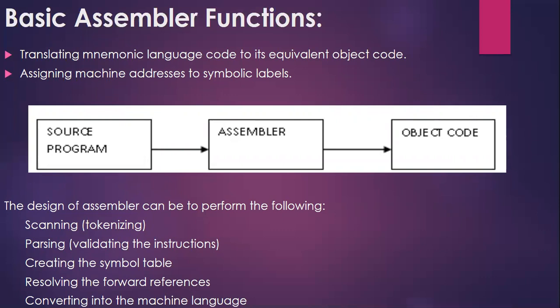First function is translating mnemonic language code to its equivalent object code. This will be the first basic function of the assembler. Whatever mnemonics we have should be converted to object code. Second thing, assigning machine addresses to symbols or symbolic labels.